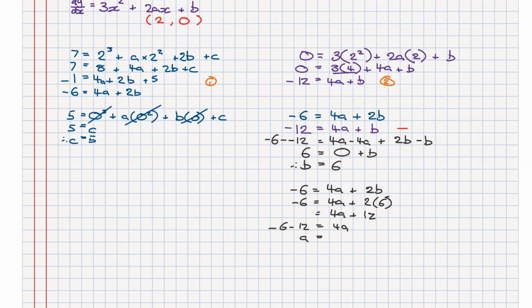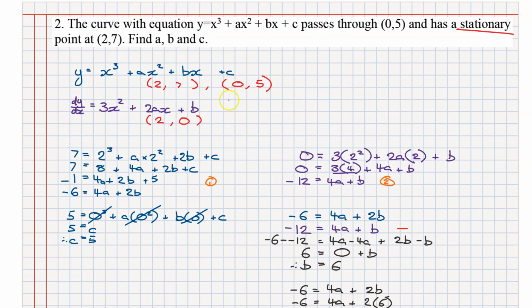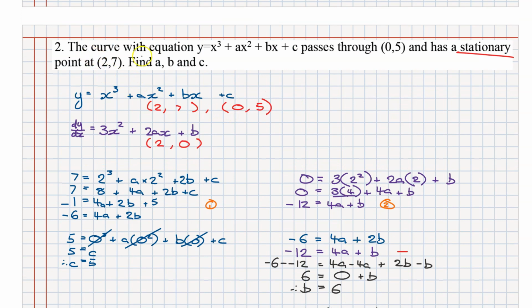So a equals negative 18 divided by 4. Our answer in this case is minus 9 over 2, or we can say it would be minus 4.5.